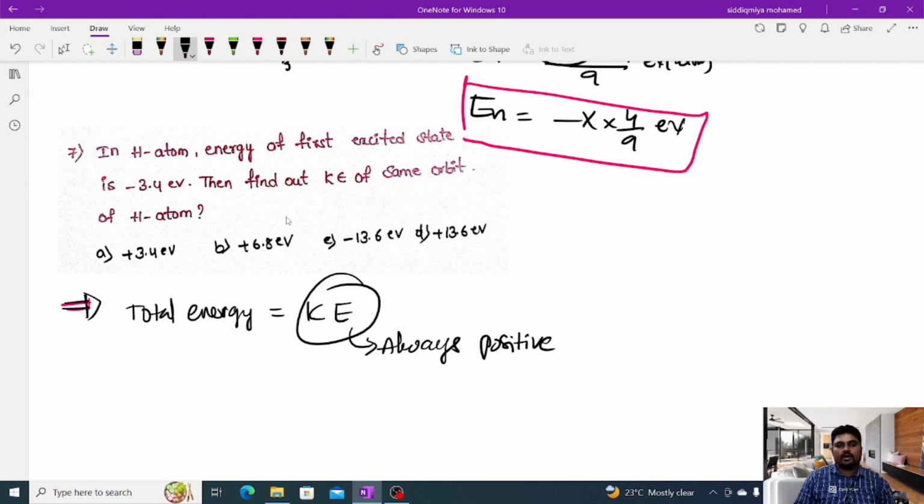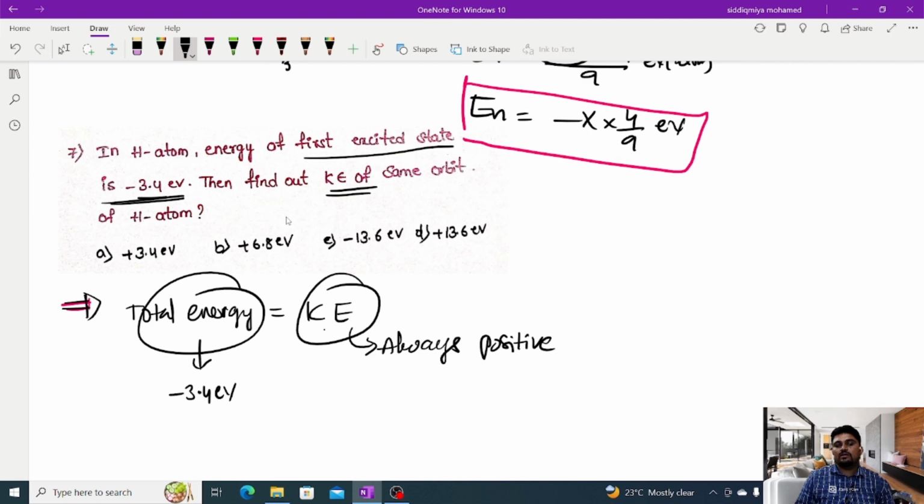So minus 3.4 eV is the first excited state energy. Then find out kinetic energy. The total energy they told is minus 3.4 eV. Then the kinetic energy is the same magnitude, but the sign should be positive. So the answer is the first one.